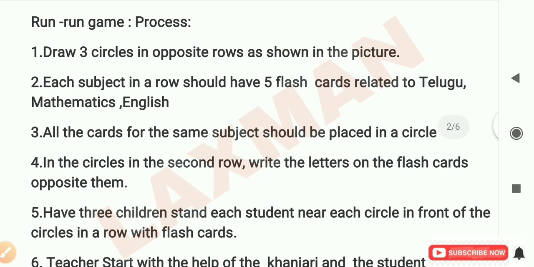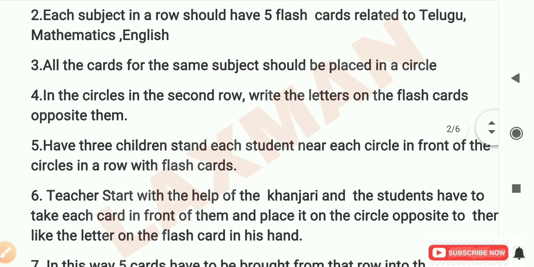First, draw 3 circles in opposite rows as shown in the picture. Each subject in a row should have 5 flashcards related to Telugu, mathematics, English. All the cards for the same subject should be placed in a circle. In the circles in the second row, write the letters on the flashcards opposite them.